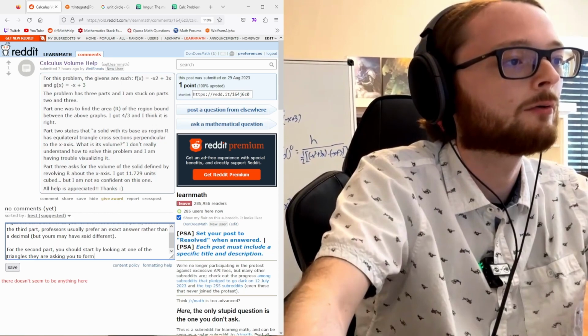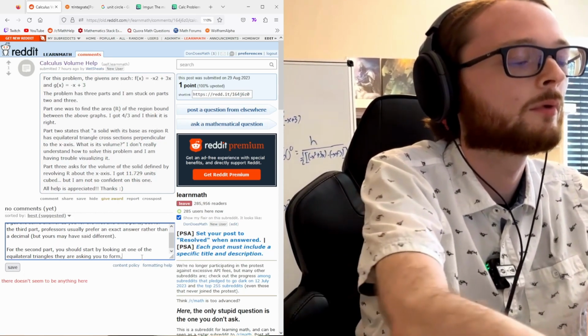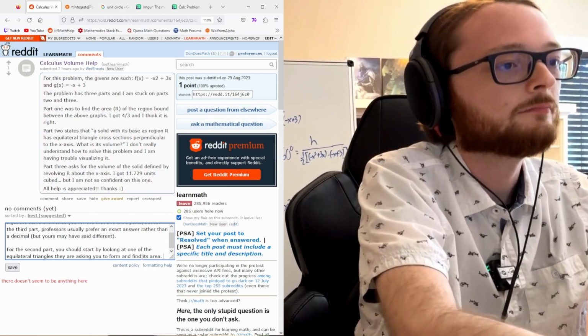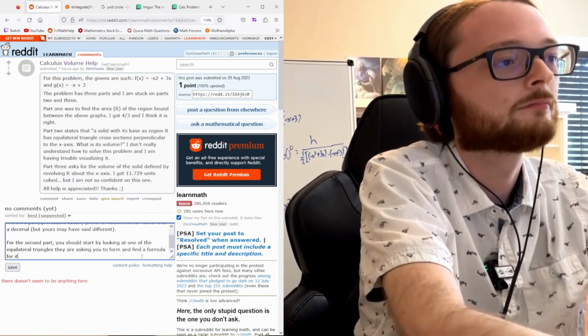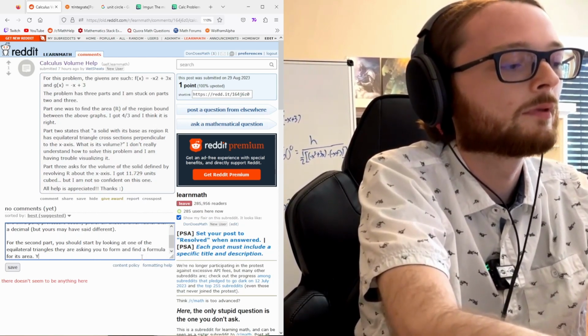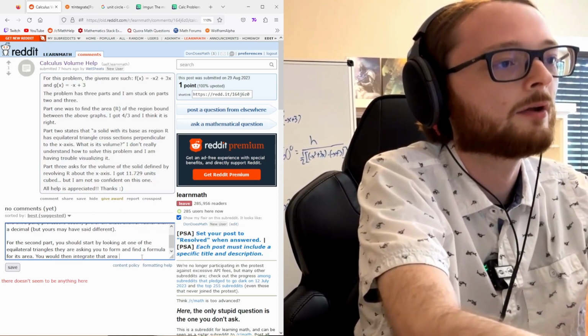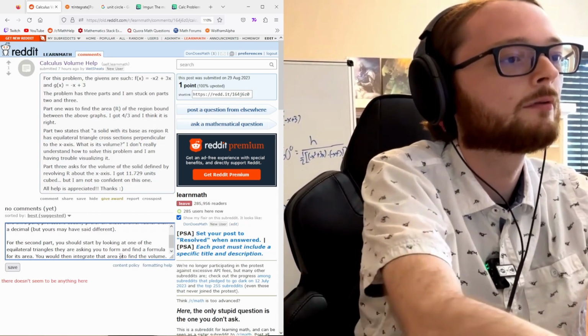I'll say equilateral. And find its area. Find a formula for its area. You would then integrate that area to find the volume. Integrate that area over the interval.